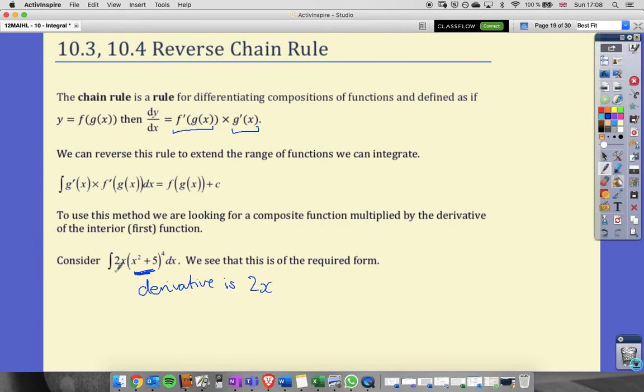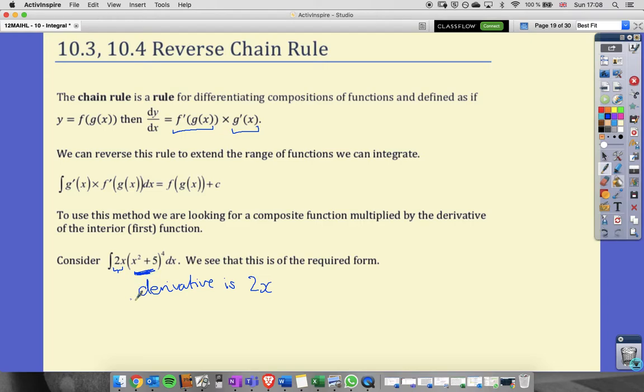And that is what we have located at the front. So we're in the form that we want: composite multiplied by the derivative of the inside. So it tells us that this must have started out, before it was differentiated, as a composite relating to this.